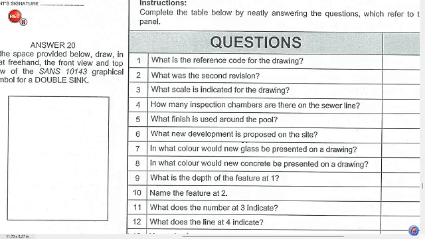Number 10, name the feature at 2. If we go to number 2, this is the feature we're looking for. It is some sort of fencing around the site plan. If we scroll down and we scan, we will find that it refers to the wire fence.